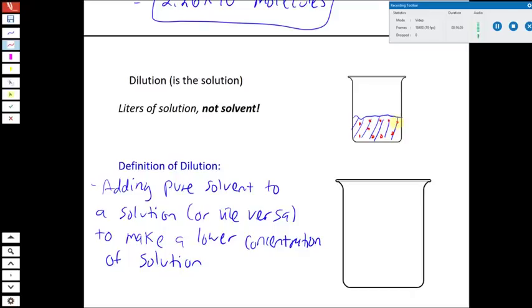And as I've carefully drawn, there are 10 of those solute molecules in this sort of crude example. So we have this first solution here. And then what we do for dilution is we take some larger volume that would include now pure solvent. So we take another sample of just the water, in this case the solvent, and we take this solution and pour the whole thing into here.